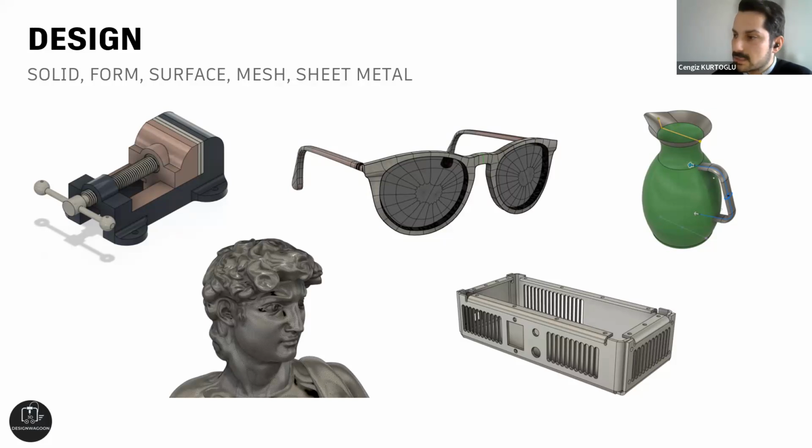Additionally, in the same workspace, you can design surfaces or sheet metal, which are fairly common techniques in many industries. After downloading or uploading your mesh designs, you can switch to the CAD modeling tabs in the workspace of Fusion.